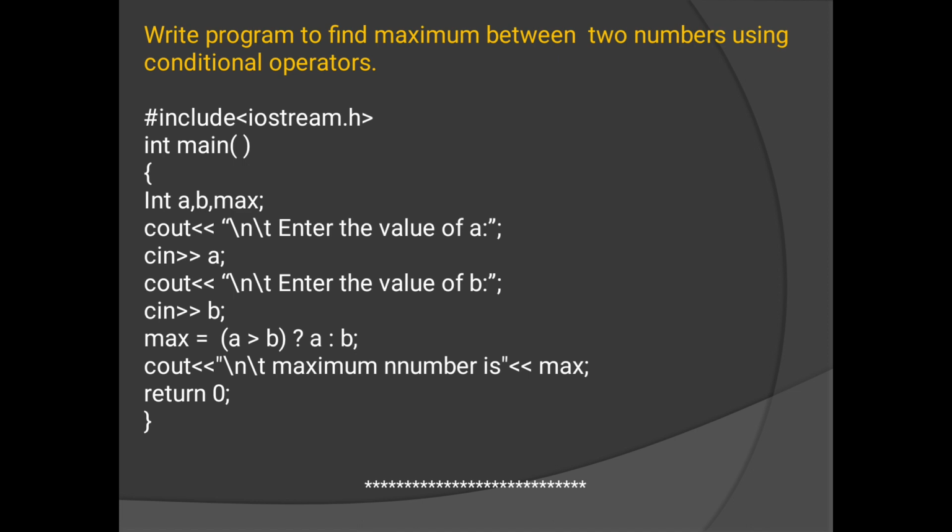So type out this program, try to understand what I've explained, and then make some changes like I've said, using cascading operators. Find the output, take the screenshot and send it to me. All right, so this will be the practical for today.